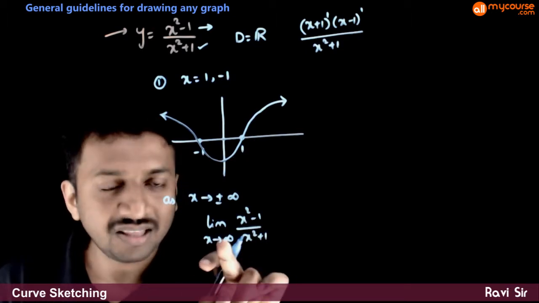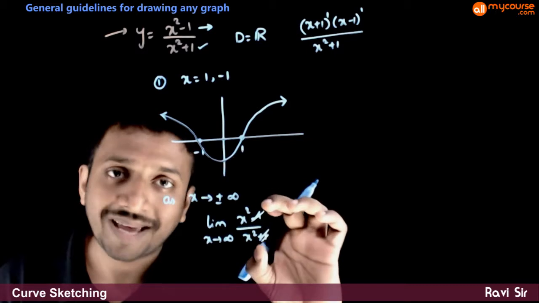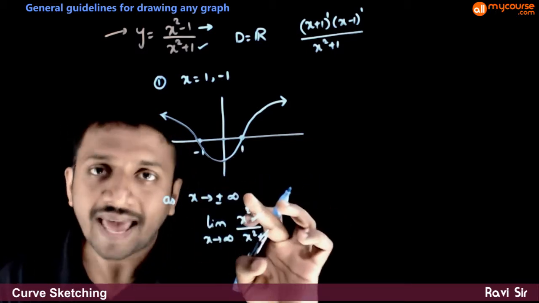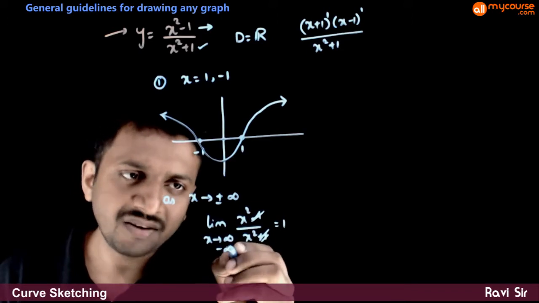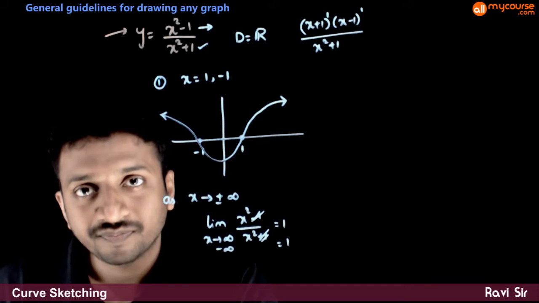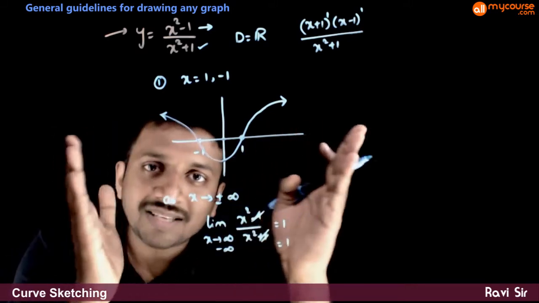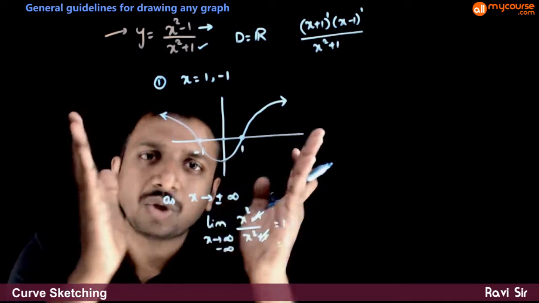In limits we have seen that as x tends to infinity, only the highest powers matter, so the −1 and +1 can be neglected. x² by x² is equal to 1. As x tends to minus infinity, the same thing happens. This limit is equal to 1.